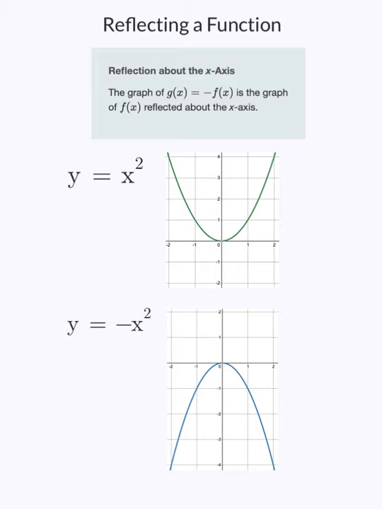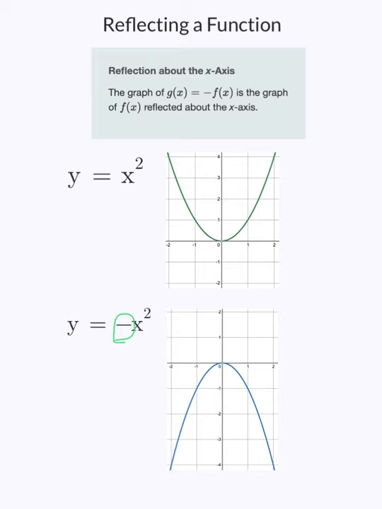Here we have our parent function, y equals x squared, that parabola. When a negative is added to the function, it impacts our base function by flipping it about the x-axis. So it's a reflection about the x-axis.